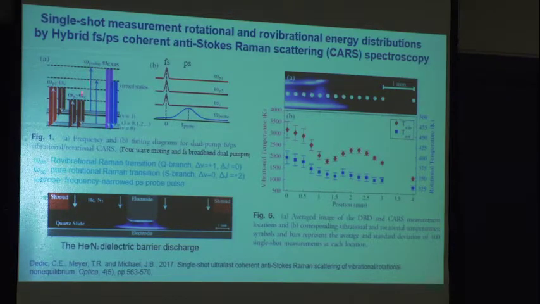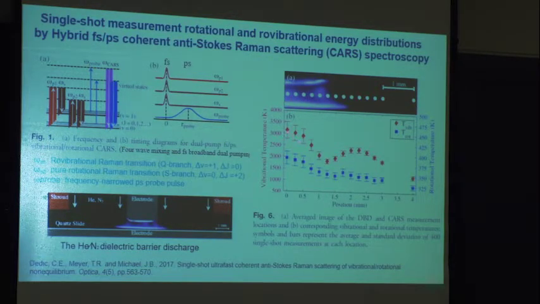And he sent a probe laser and is measuring the CARS signal. This is the plasma discharge. You can see the electrode, and another electrode, and he tries to measure the distribution of temperature in the direction of the plasma discharge.